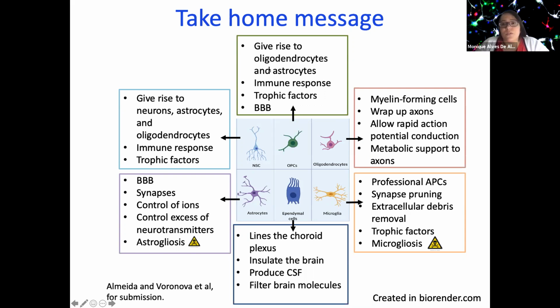OPCs will give rise to oligodendrocytes and astrocytes and participate in the immune response of the CNS, releasing trophic factors that can control other cells' activities, such as microglia, and support blood-brain barrier integrity. Oligodendrocytes are the myelin-forming cells of the CNS that wrap up axons, allowing action potential conduction and providing metabolic support to axons.